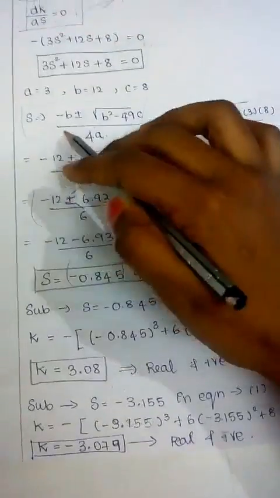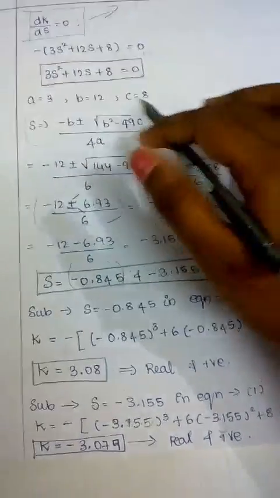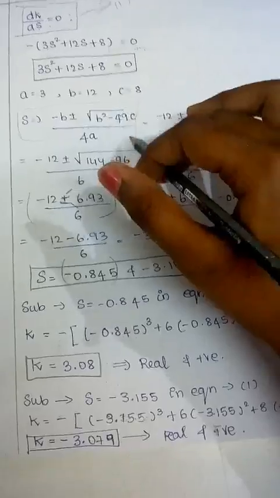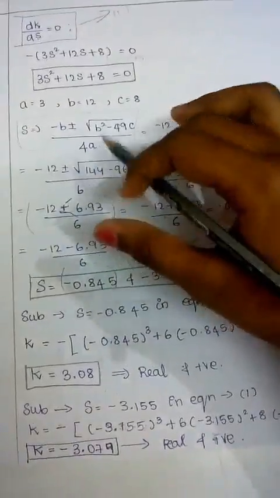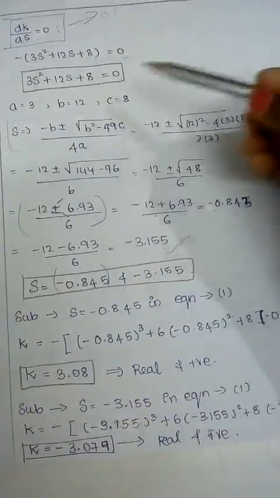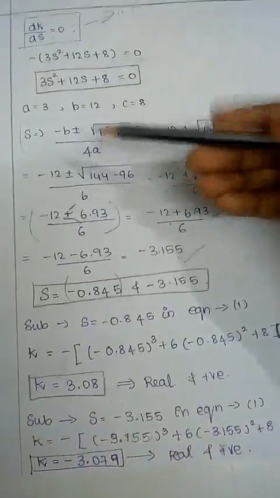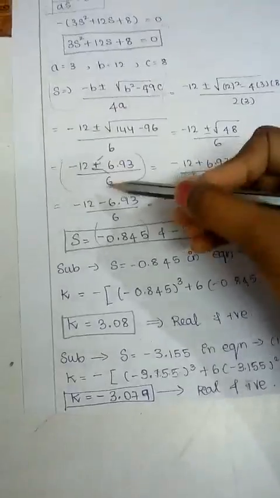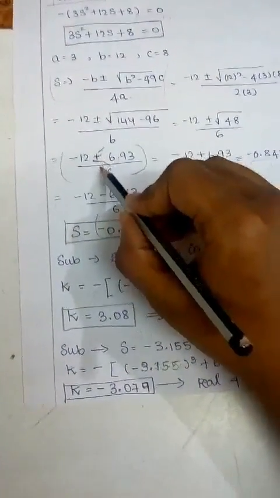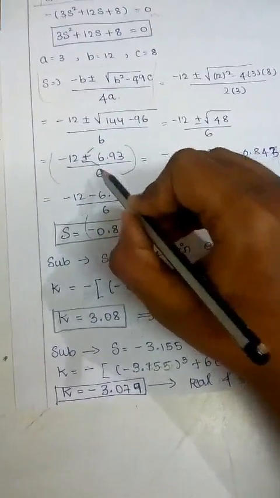We already know this formula: minus b plus or minus root b square minus 4ac by 2a equal to. We substitute all the a, b, c in that formula. We get this one: minus 12 plus or minus 8.93 by 6.